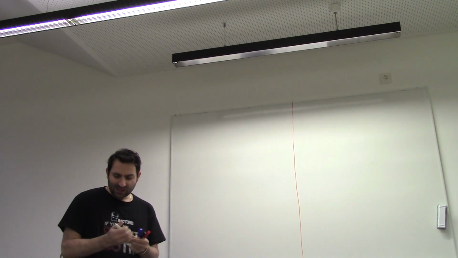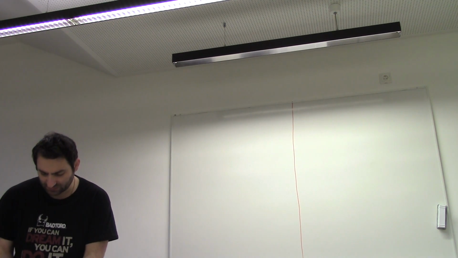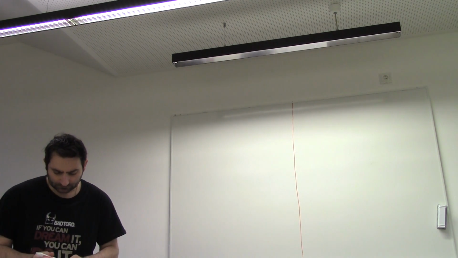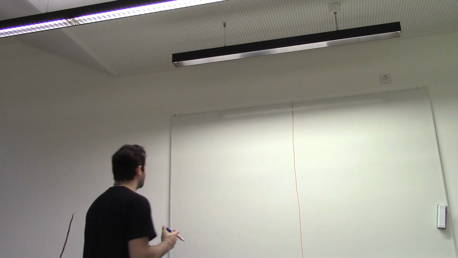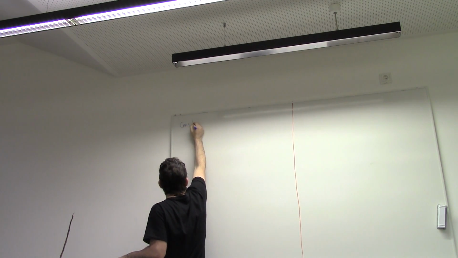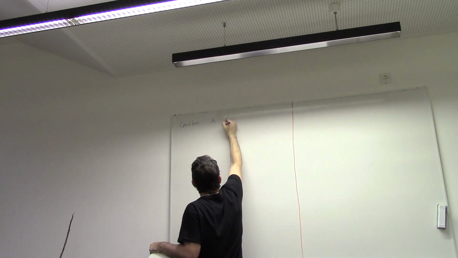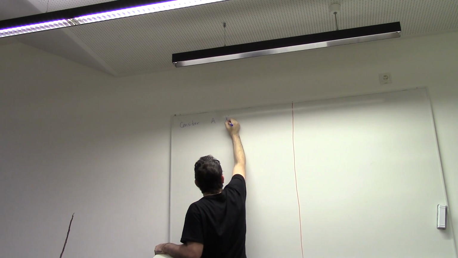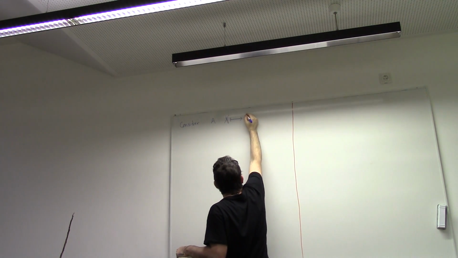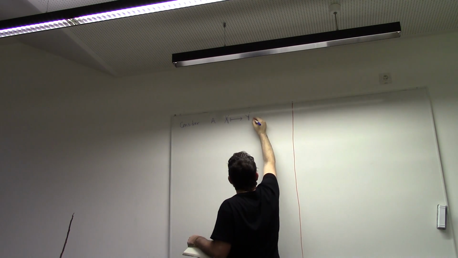Now, let's start by writing a few theorems and properties which we need to know in order to proceed further with examples. Consider A from X vector space to Y vector space.